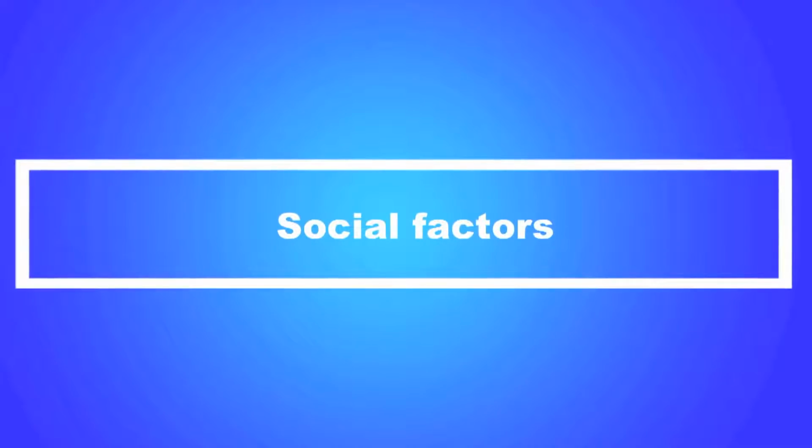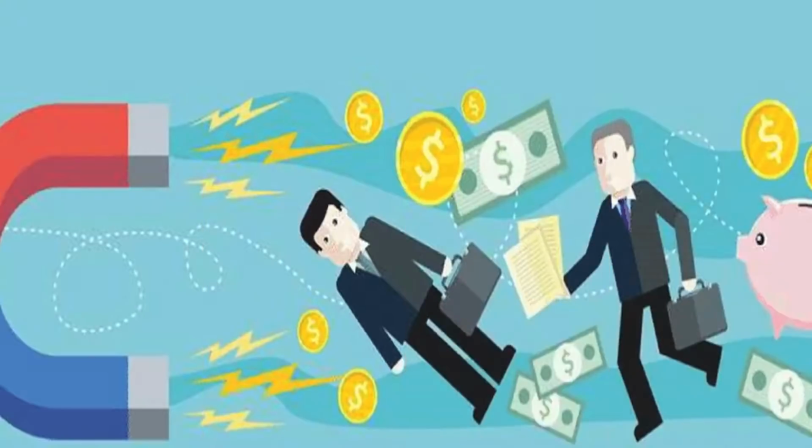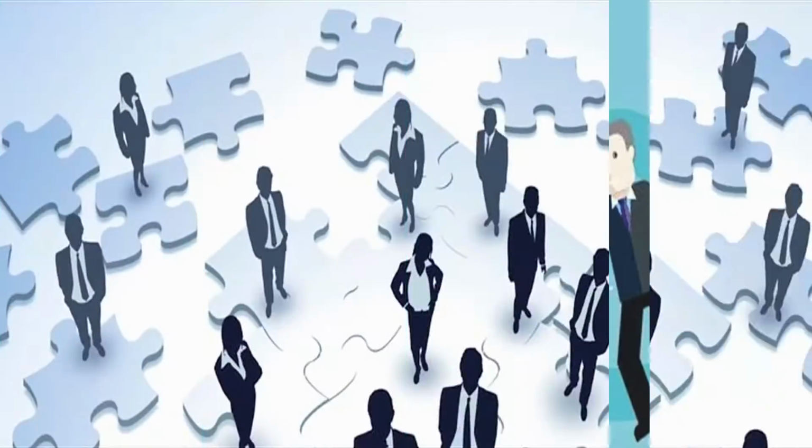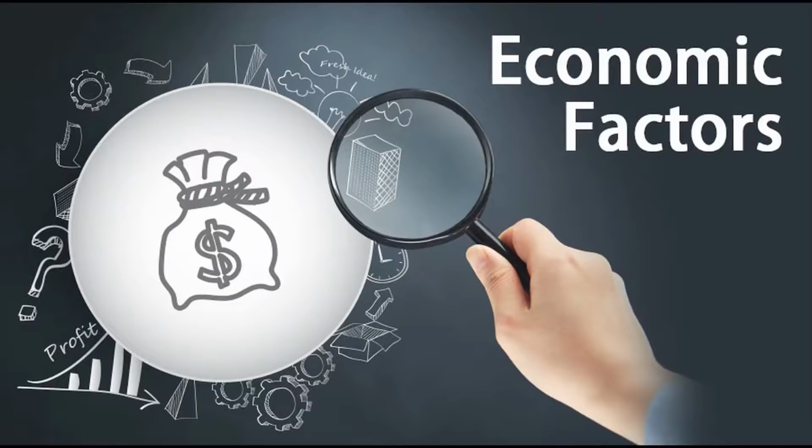Social factors: the level and advancement in IT education and training, which will enable both potential buyers and the workforce to understand and use the new technology. Economic factors refer to the general wealth and commercial health of the nation and the elements that contribute to it.